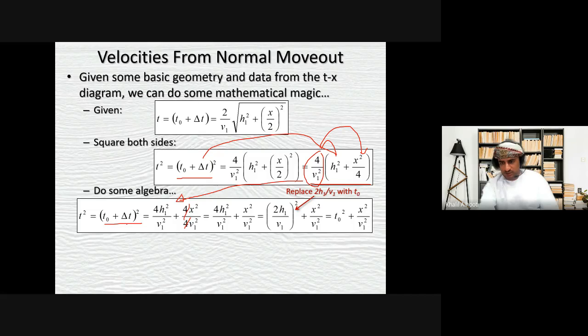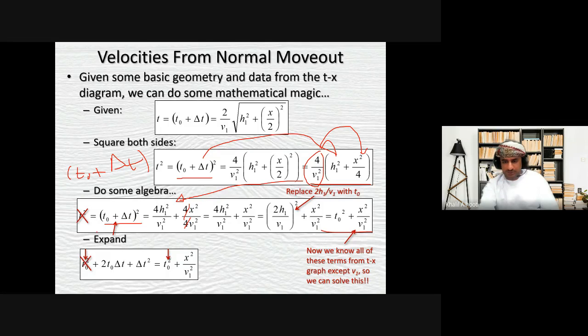I'm interested in this one and this one. Let's expand this one. You know how to expand, I believe. And make this one 2. T naught plus delta T multiplied by itself. I'm not interested in this thing. I'm interested in these, the last two things.